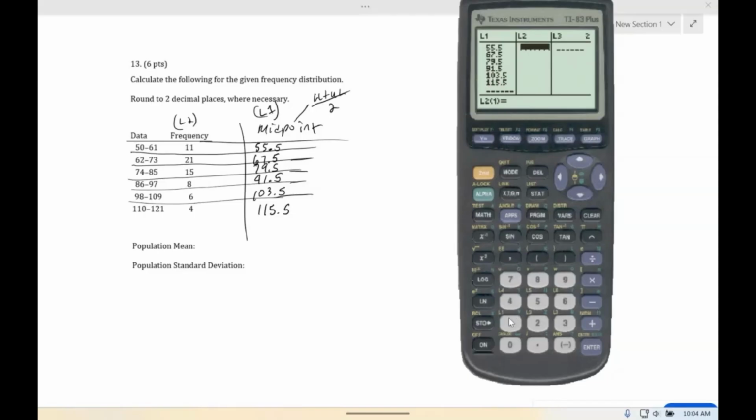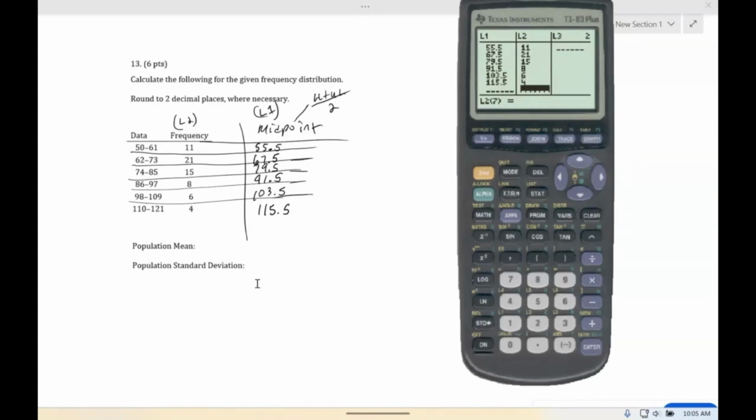Next, I'm going to put in the frequencies. All right, and I'm just going to check really quick. It looks like I have everything in correctly.